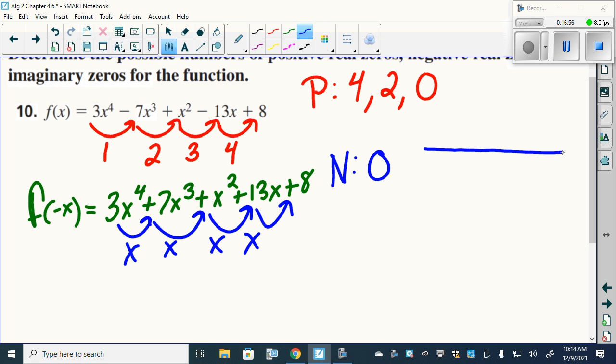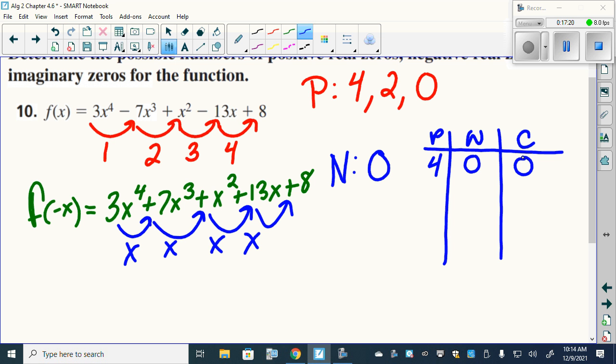Actually, we do have room right here. Positives, negatives, complex. So we could have 4 positives, 0 negatives, and 0 complex. Because how many solutions should we have? 4. If all 4 are positive, we have all 4.